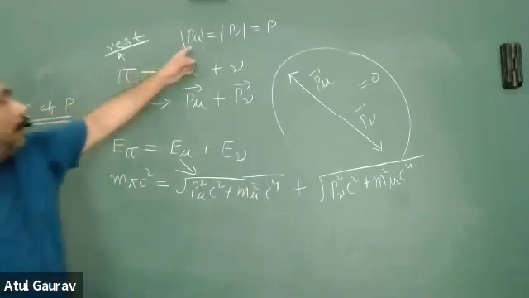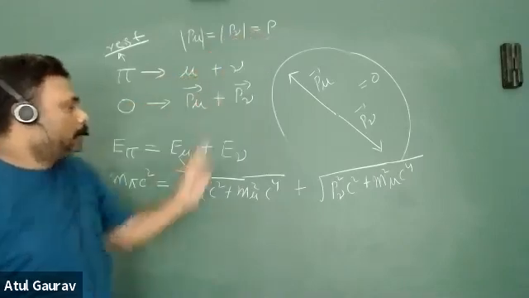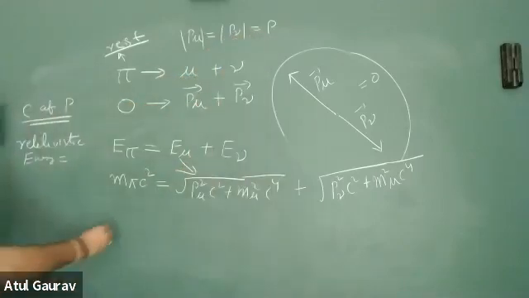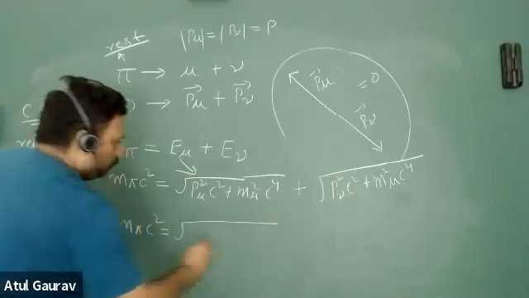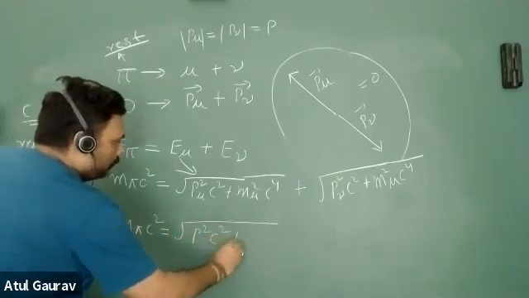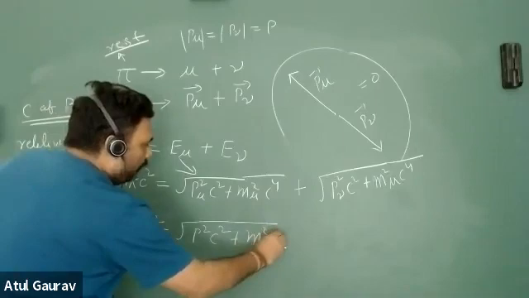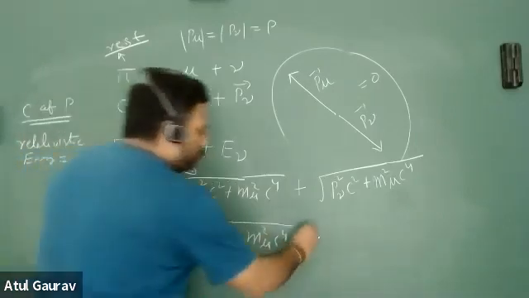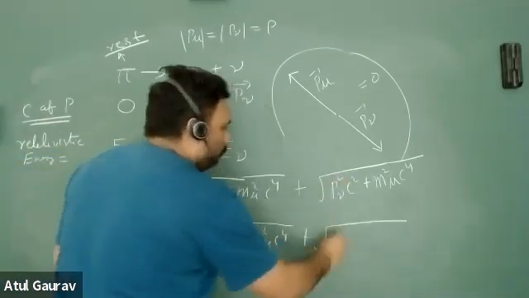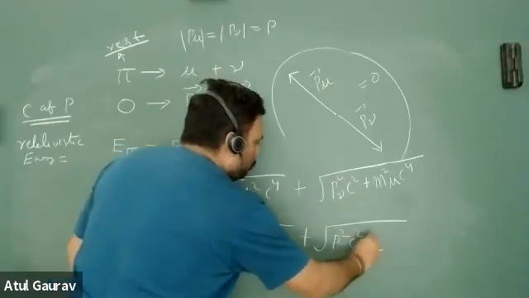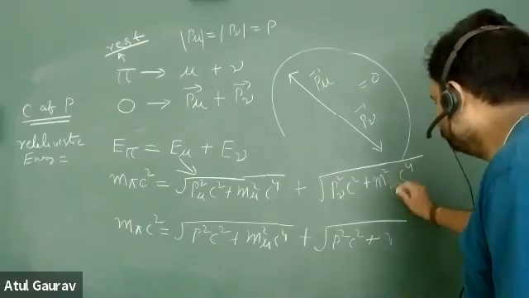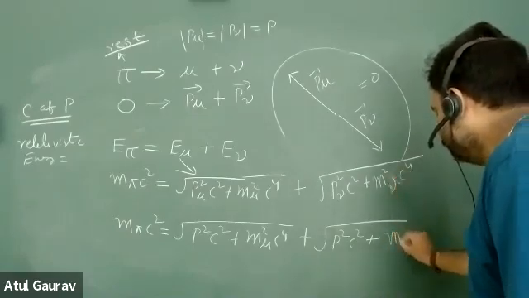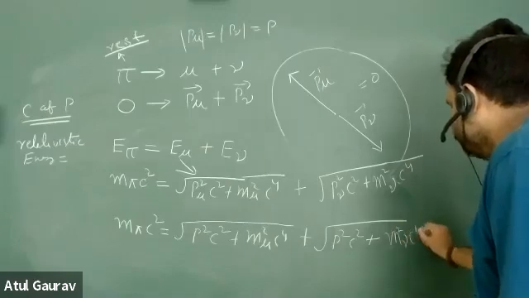And we have mod of P mu is equal to mod of P nu is equal to P, so we can just replace it. So we have M pi C square equal to the square root of P square C square plus M mu square C4, plus, again P nu is P, the square root of P square C square plus M nu square C4.